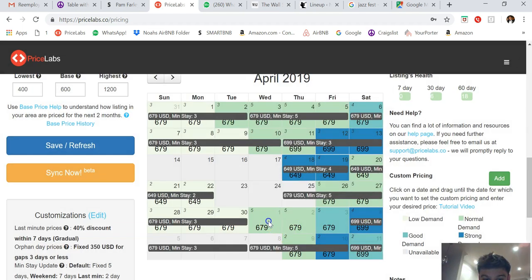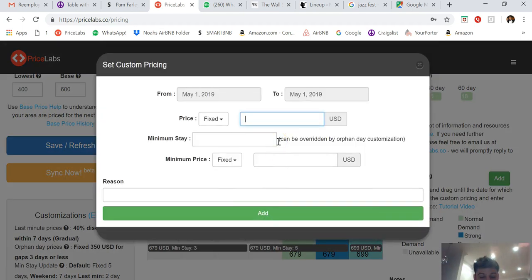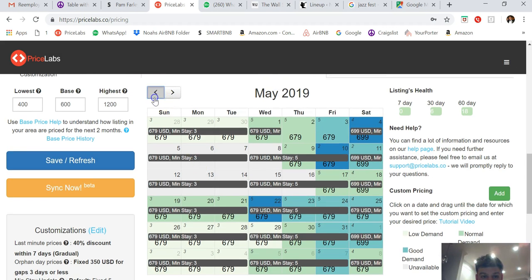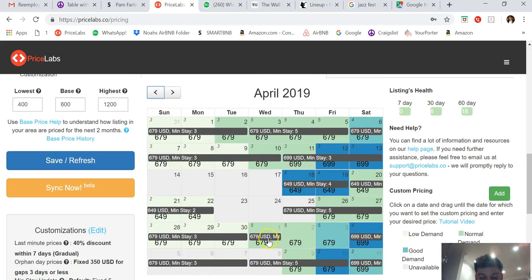So remove this. Turn this Wednesday into 4. Right? Because that way, if it's at 4, they can book Wednesday, Thursday, Friday, Saturday, which is a pretty good booking.